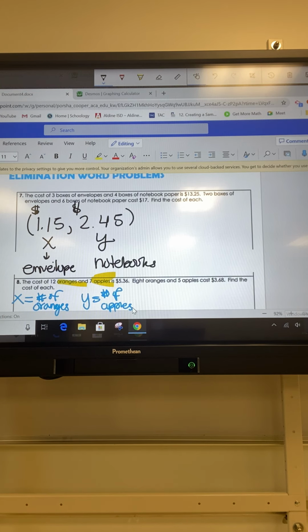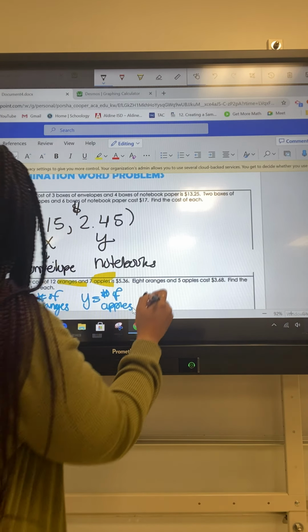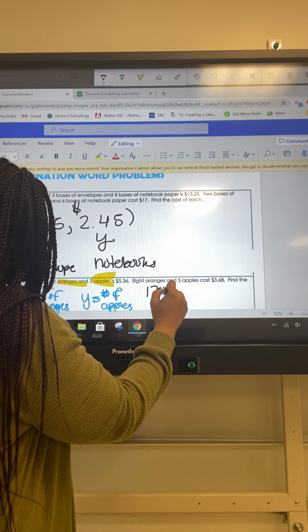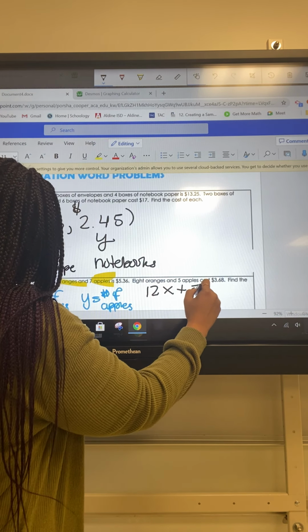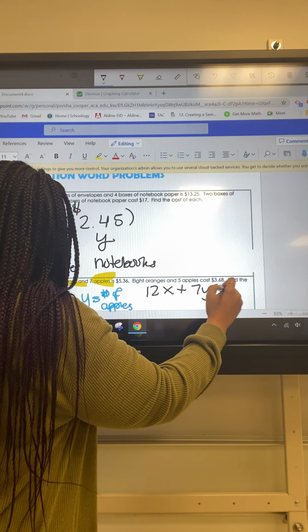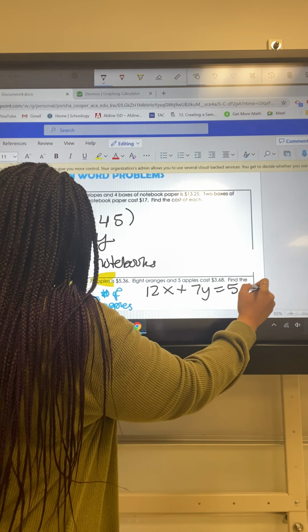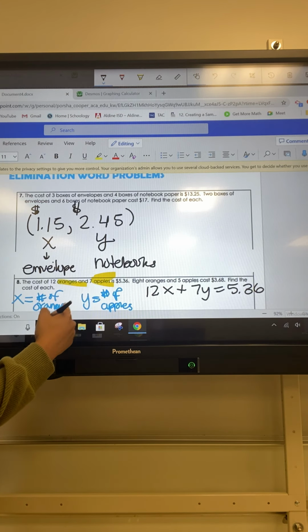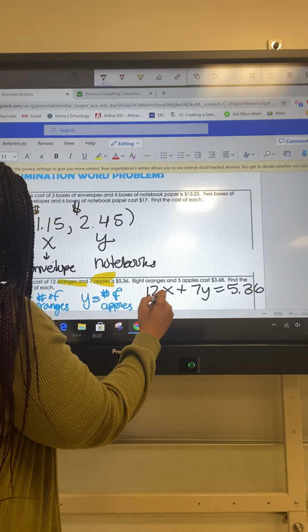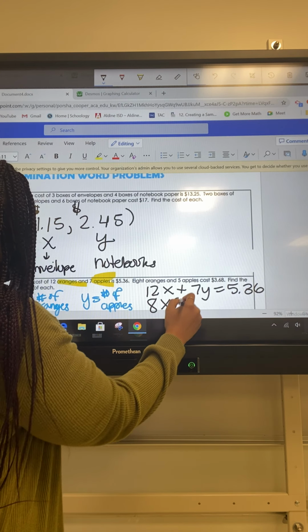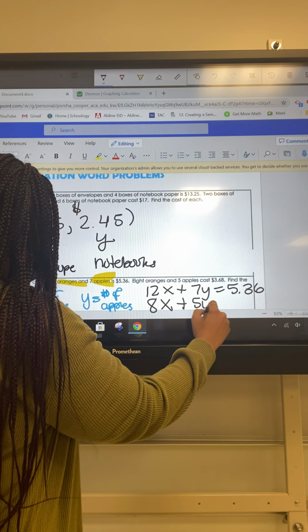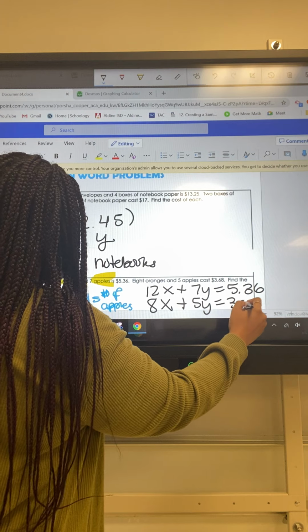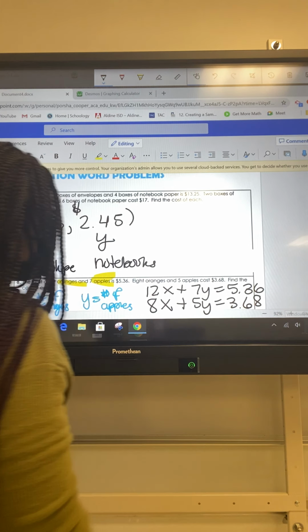So 12 oranges and 7 apples. So that would give us 12x for oranges plus 7y for apples cost $5.36. And then we can do the same thing for the second sentence. The second one says 8 oranges, so that's 8x, and 5 apples cost $3.68.